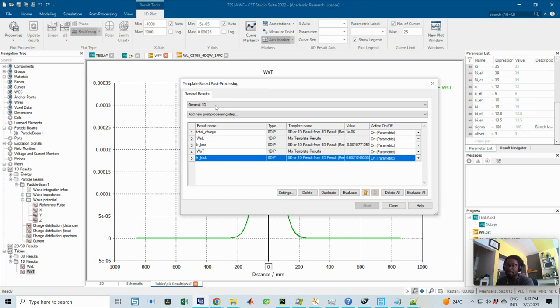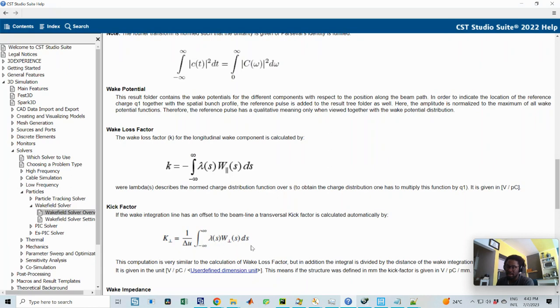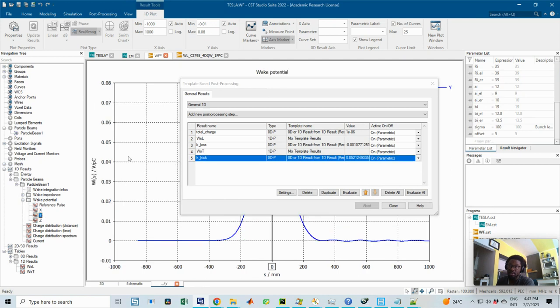But then if you check the units of this, what we have currently is voltage per picocoulomb, because your wake potential Y is given in voltage per picocoulomb, and your transverse wake potential in the x direction is also given in voltage per picocoulomb.